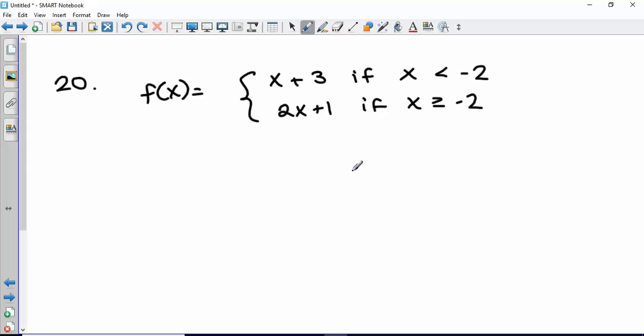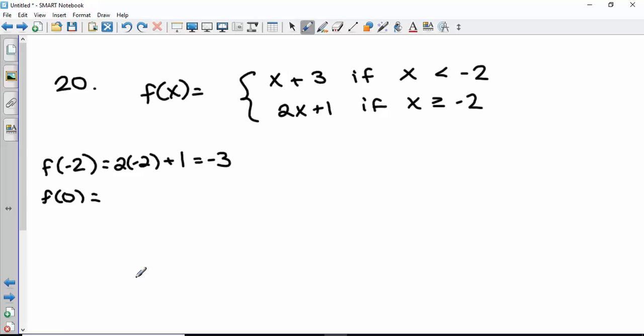So this one I asked a lot of questions. I could ask you to evaluate some things. If I said f of -2, which piece would you plug it into? Second one, because it had the equal to. So if you put -2 in there, you get -4 plus 1 is -3.